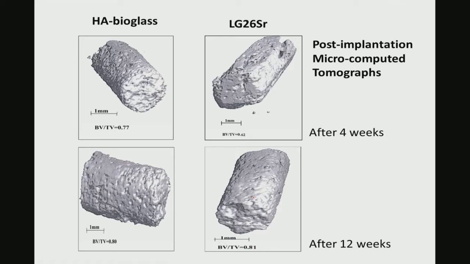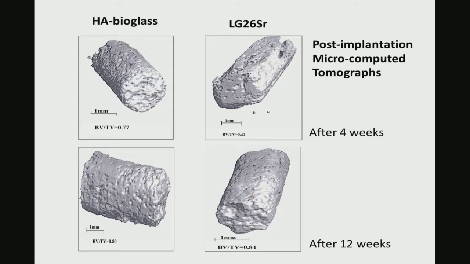One of the things I mentioned while discussing the preclinical study is that microcomputer tomography is now extensively used to quantify the bone regeneration process, and also to develop a better qualitative understanding of bone formation in 3 dimensions.